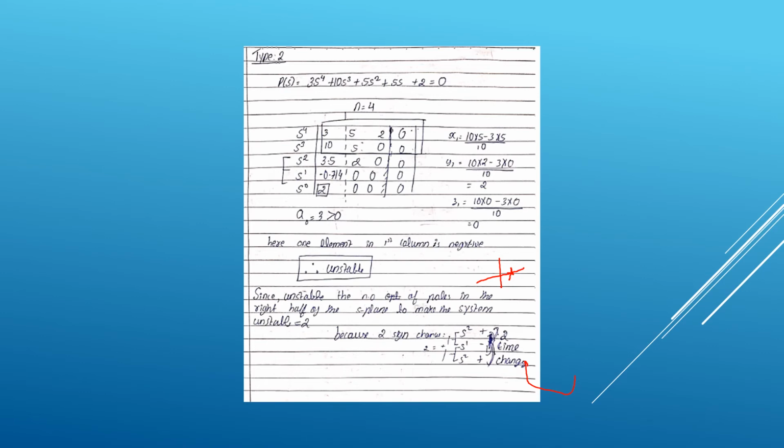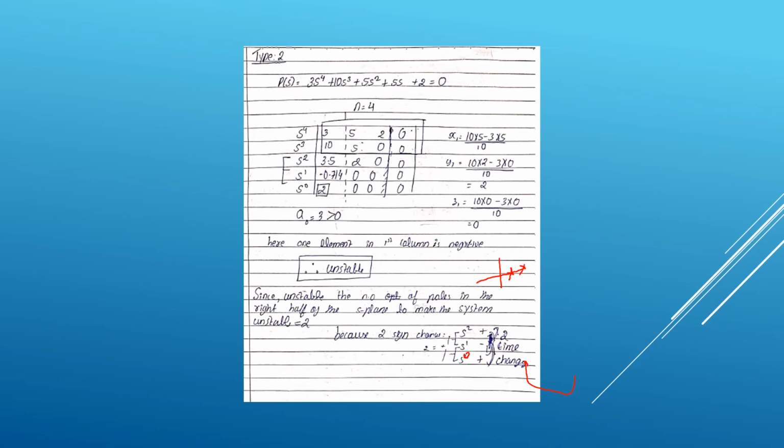There are two sign changes: s square positive, s raised to 1 negative, s raised to 0 positive. There are two sign changes, from positive to negative and negative to positive. Therefore, n is equal to 2 and number of poles is equal to 2. There are two poles in the right half of the S-plane, which make the system unstable.